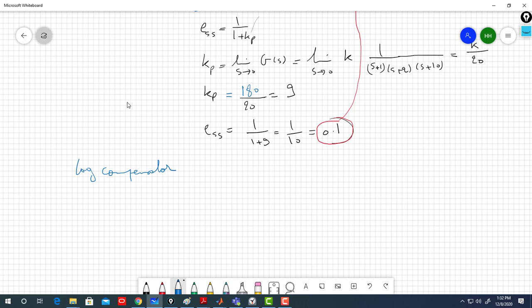The lag compensator will reduce the steady state error but doesn't eliminate it. And it has the advantage that it's passive and easily integrated. It is more efficient numerically than an integral. It consumes less memory and is more efficient.